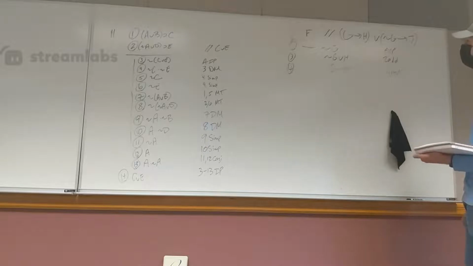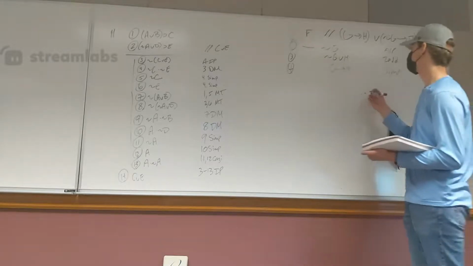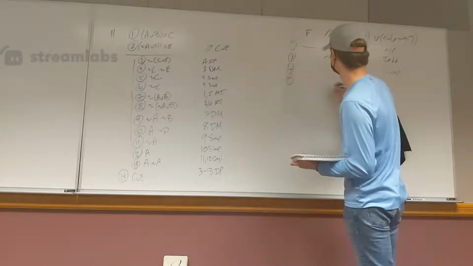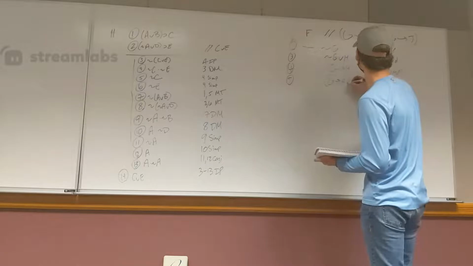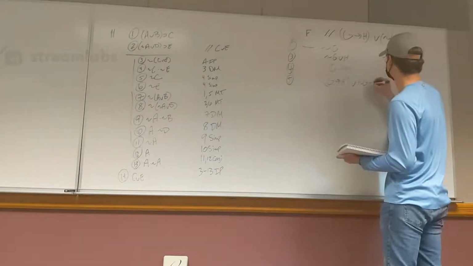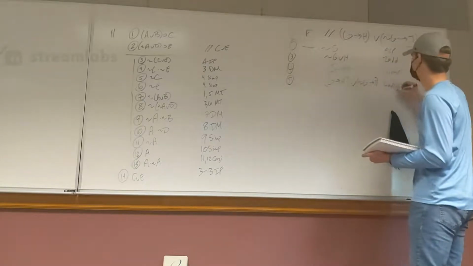Well, no, because that would work, because then I could say G or H, and then just not G or J. Yeah. So try adding that. That just gives me the conclusion. Right.